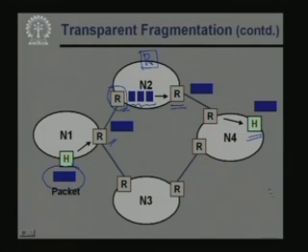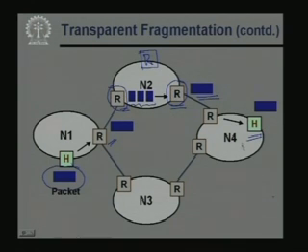Okay, fine. So, when these fragments reach the exit router, it is the responsibility of this exit router to reassemble them and form the original packet. Okay. So, the network N4 where the packet goes next is not aware of the fact that this fragmentation and this reassembly had taken place in this network N2.